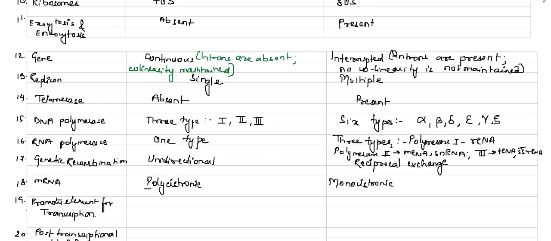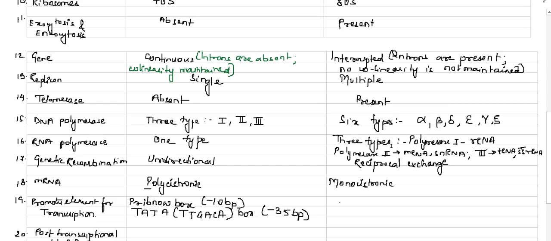Next is promoter element for transcription. So I'm using a different color for this. Promoter element for transcription is known as Pribnow box in prokaryotes, which is at minus 10 base pair, and the TTGACA box, which is at minus 35 base pair.